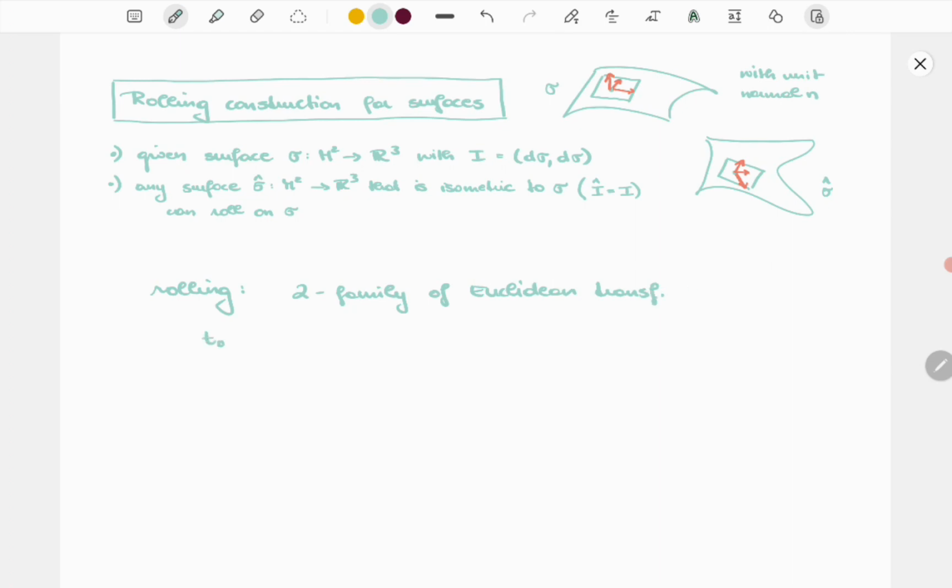And at any point T0 in M, the Euclidean transformation is described by the following data. The surface points are mapped onto each other. We align the two tangent directions, and the normal direction of the two surfaces.